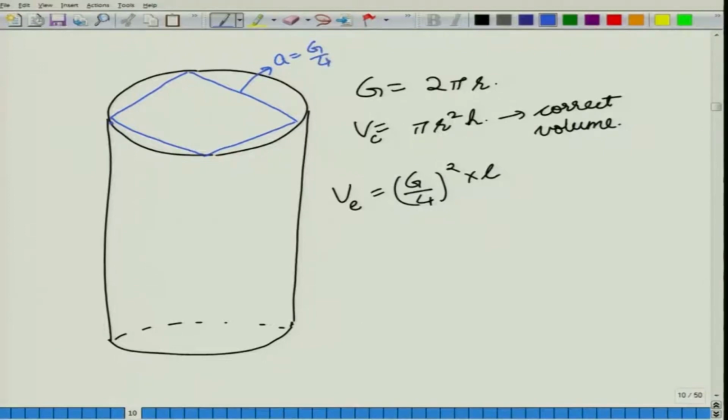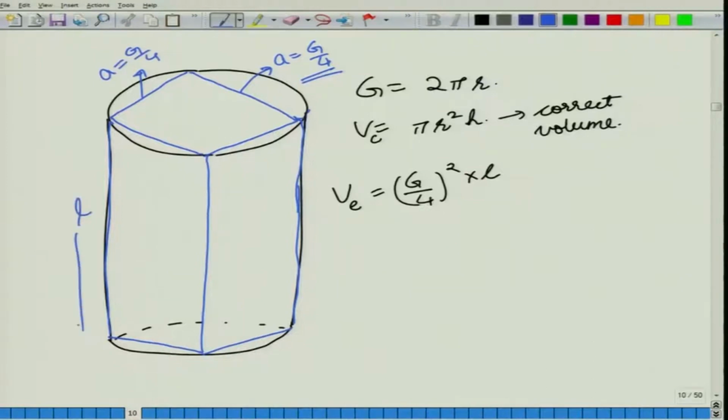So, if we considered a cuboidal portion of the solid here, this solid is a cuboid of edge G/4. So, it has a cross sectional area that is a square, also A equal to G/4, and the length of the solid is the same as the length of the cylinder.